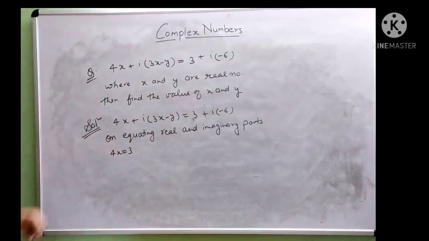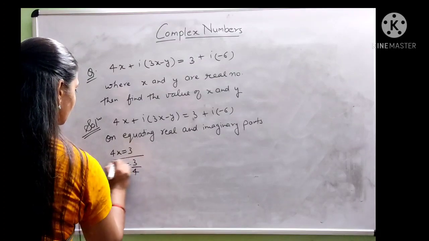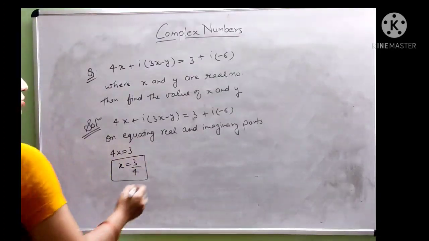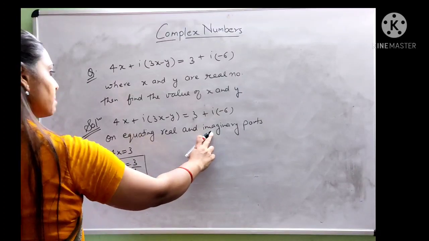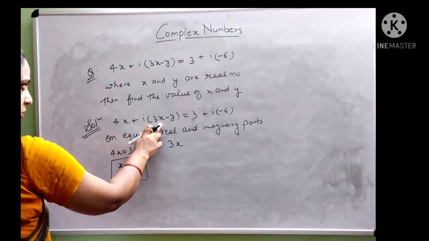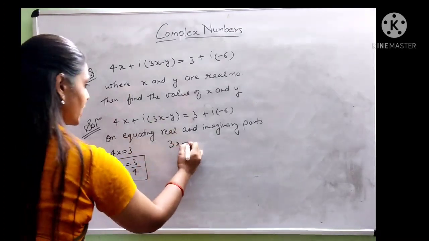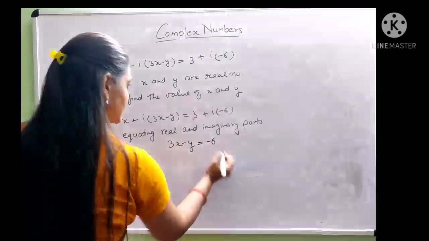What will we get? 4x is equal to 3 and x is equal to 3 by 4. Now we have to equate the imaginary parts. The imaginary part of this complex number is 3x minus y and of this is minus 6.